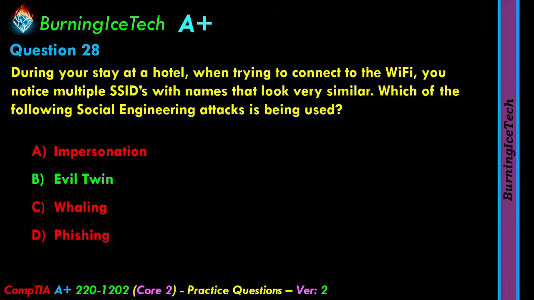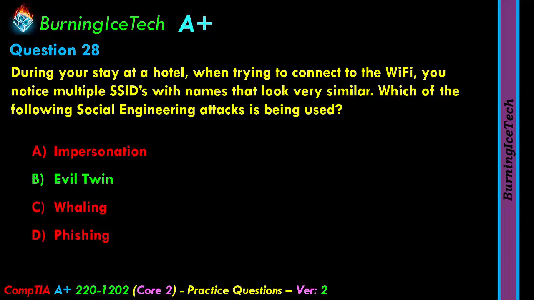They go and change the SSID of that access point or router to be the same as yours or that of another network nearby. And this is normally in the hopes of tricking people to connect to the wrong one. And as soon as they connect to the wrong one, they will connect to that person's machine and get all kinds of information that's quite valuable. Cookies and stuff. So yeah, we really don't want that. So the answer is evil twin.